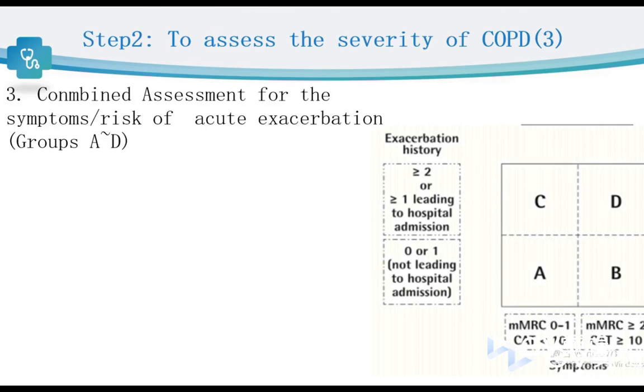According to the MMRC grade, less or more than 2, the patients can be divided into Group A and C or Group B and D. Another factor is the exacerbation history. The patients in Group A and B have fewer exacerbations in their history, and the patients in Group C or D have more.